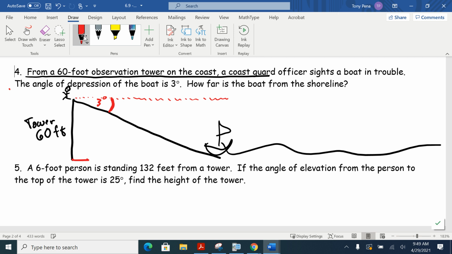All right, now notice, let me draw this in black. Our right triangle that we create in this figure, is that 3-degree angle even in the right triangle right now? No. So that's why we want to understand, if this is a horizontal line up here, and this is a horizontal line down here, aren't these definitely going to be parallel lines?